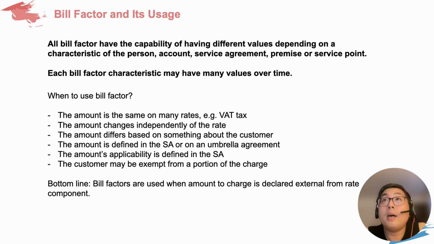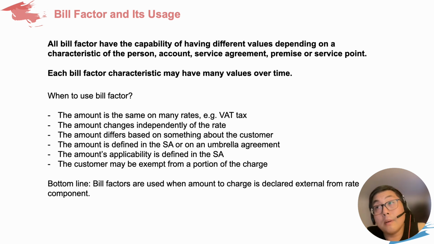And based on the account characteristic for each customer, they could have a characteristic called business type. And if that is residential, it will apply 5% dynamically.